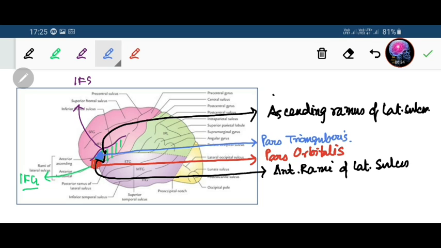And the part posterior to the ascending ramus is called pars opercularis. This portion is pars opercularis.